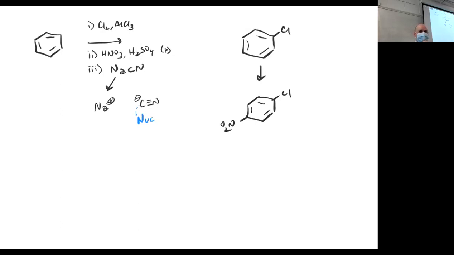You remember what that was? Yep, an electron withdrawing group. Relative to where the leaving group is, you need it to be ortho or para. And where is it now? Para. So what are we going to do?